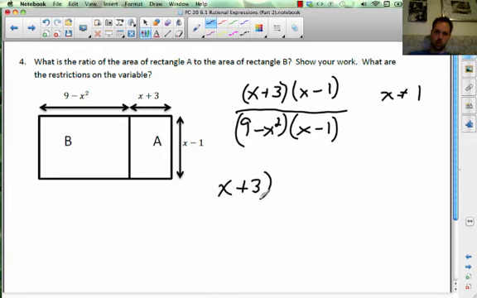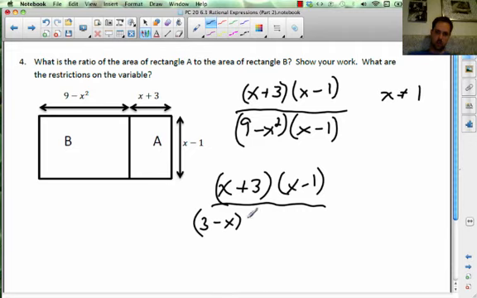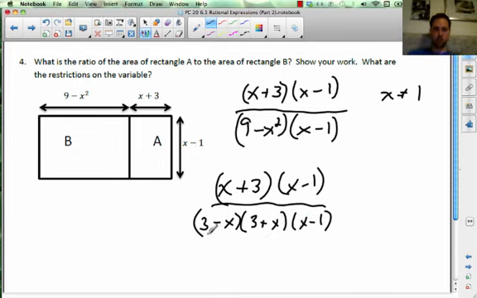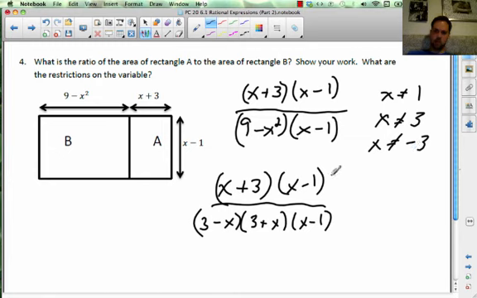So in the numerator we have x plus 3 times x minus 1, and in the denominator the 9 minus x squared can turn into 3 minus x times 3 plus x times x minus 1, and of course this gives us two more restrictions on the variable. X can't be 3 and x can't be negative 3, because then we end up with zeros.